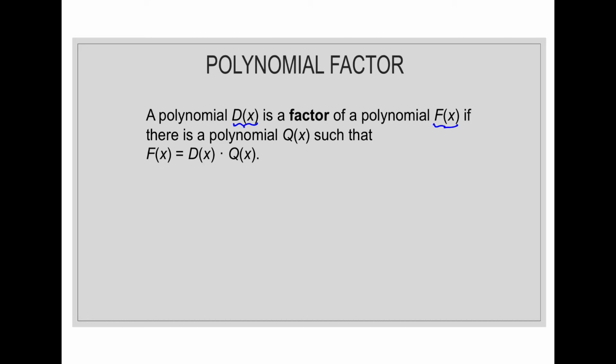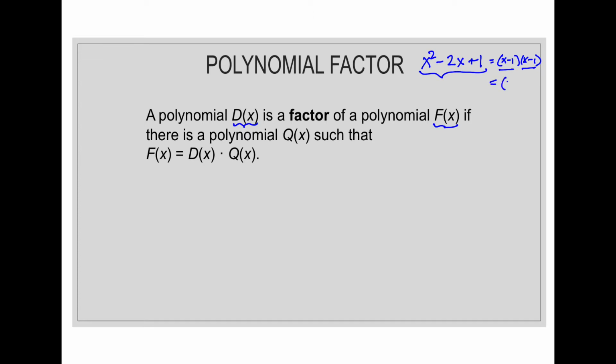So for example, x squared minus 2x plus 1 factors down to x minus 1 times x minus 1. So x minus 1 is a factor of this larger 3-term polynomial. In fact, it's a factor twice.